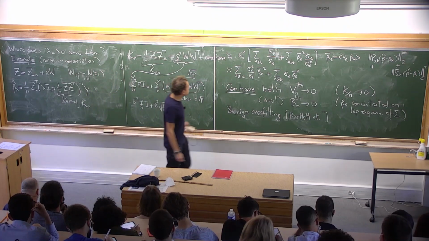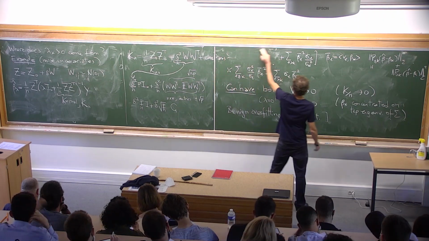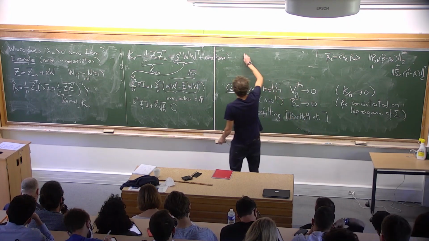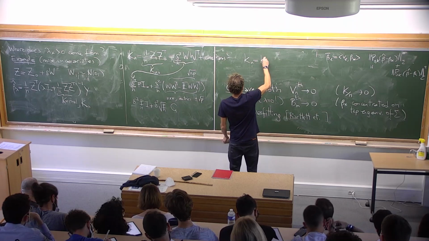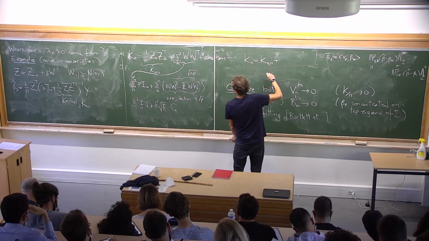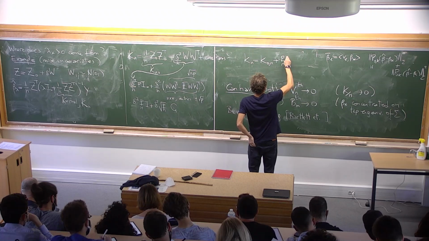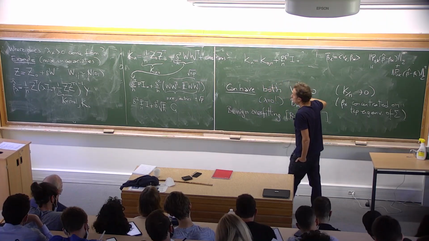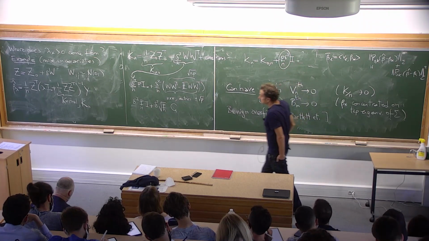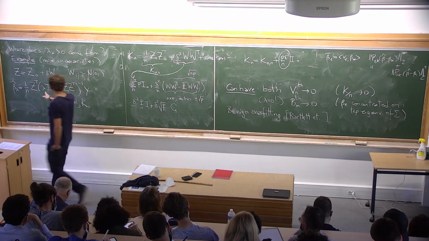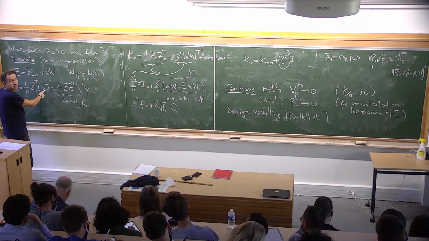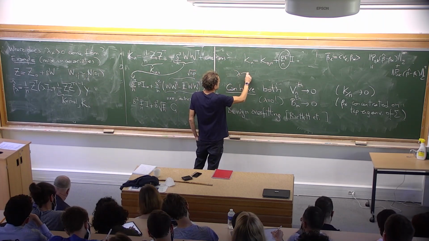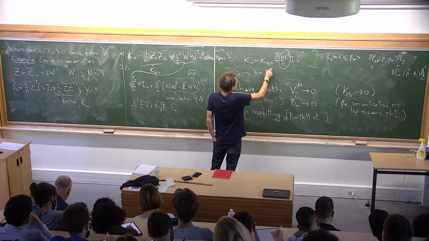And so what we get is that the kernel matrix is equal to the kernel matrix of the original model plus p over n delta square times the identity plus smaller stuff. And so what you see is that this term gets added to lambda. This means that lambda becomes lambda plus p delta square over n.